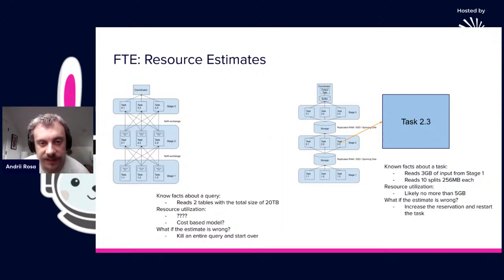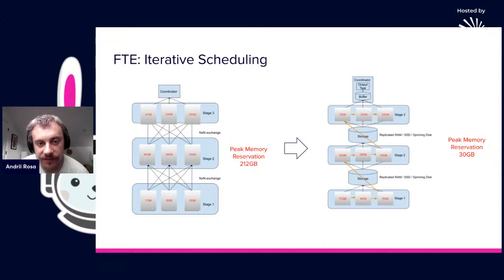If you look at this slide, let's say you have a query that has to run 6 tasks, and each task on average uses 20 gigabytes of memory. With streaming execution, you need to have 120 gigabytes of memory available in your cluster in order for this query to succeed. But if you can execute these tasks one by one, you only need 20 gigabytes of memory in a cluster in order for this query to succeed.